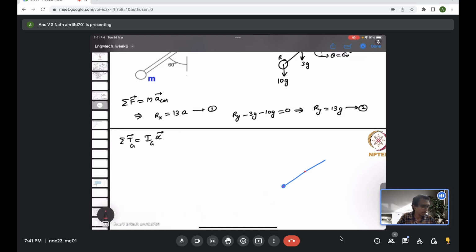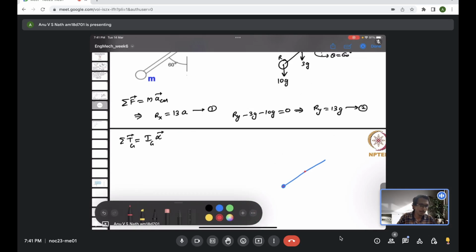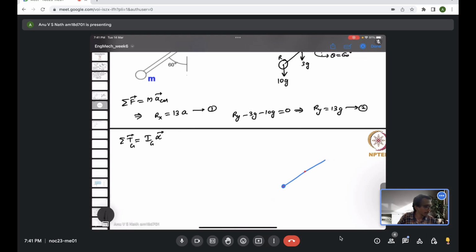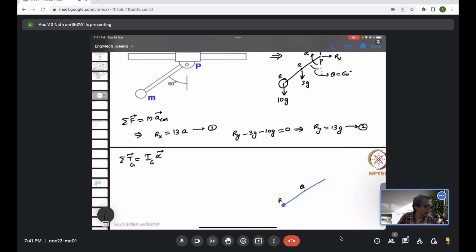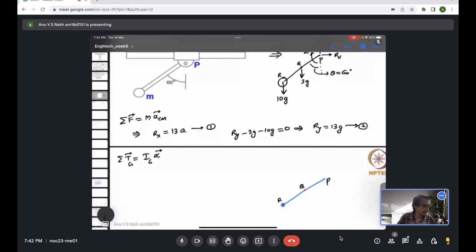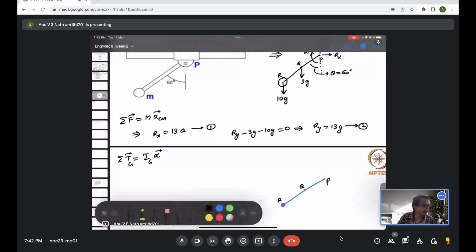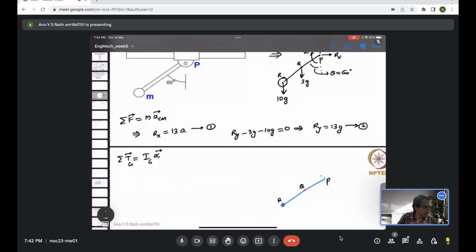Now you can consider a coordinate system. Let me denote the points: this is R, this is Q, and this is point P. Consider a coordinate system measuring the length from P. Let's call that coordinate R.